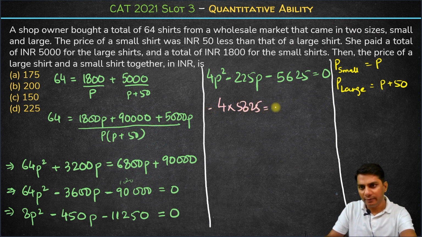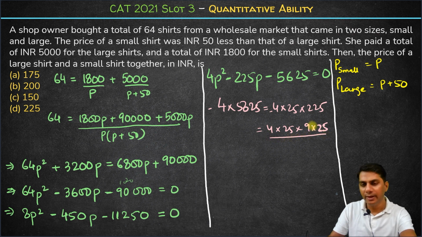Now 5625 can be factorized as 25 times 225. Okay, so this becomes 4 into 25. Now 225 is again 9 into 25. Okay, so we have to figure out two numbers whose product is this, and the sum should be minus 225. So what you can do is take out a factor of 3 from here and multiply here 12.